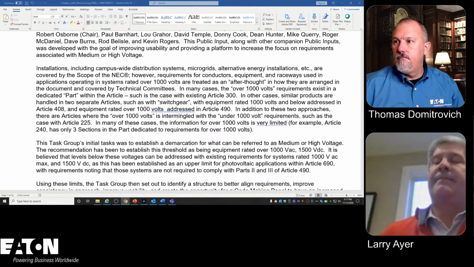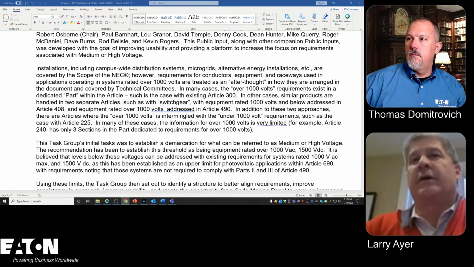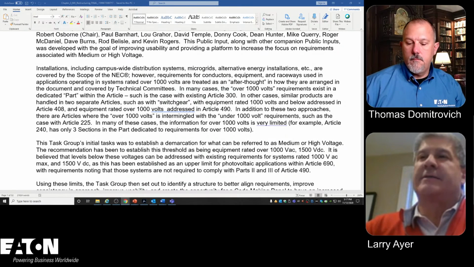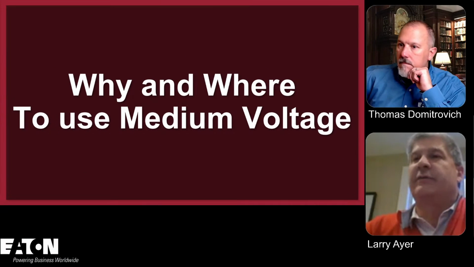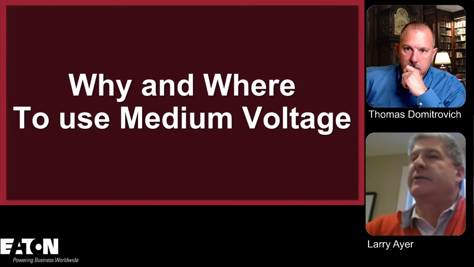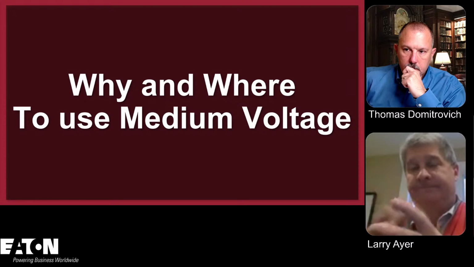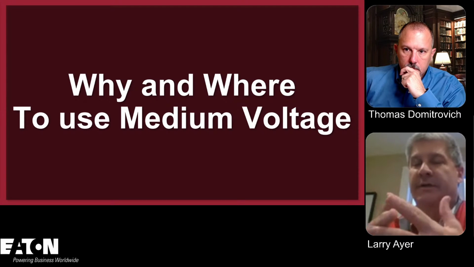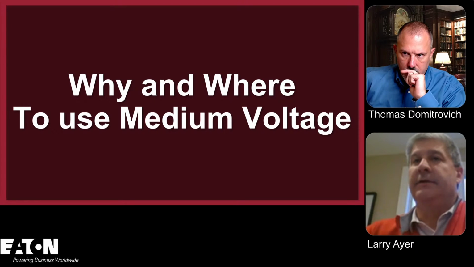I think it always depends on size. If you start getting above a 4,000 amp service at 480 volt, you really start to need to look at medium voltage. And sometimes if you have tremendous lengths of runs, I know this sounds weird, but we just got done doing a 30,000 square foot residential dwelling.